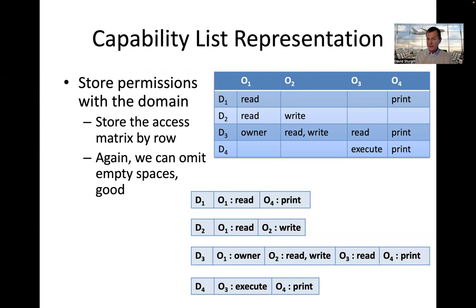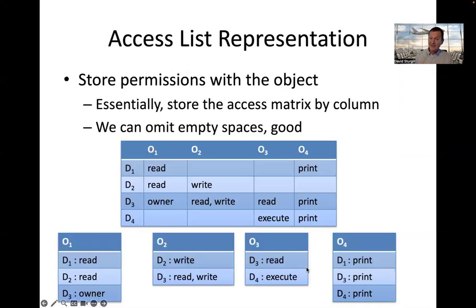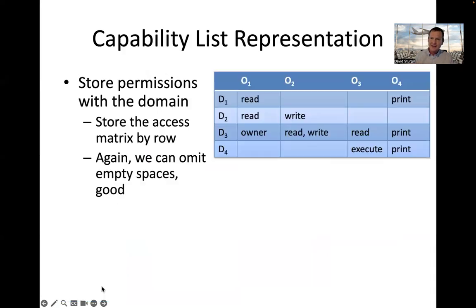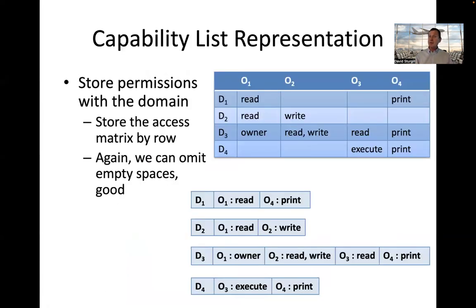It's a little bit tricky because, well, backing up for an access list, it's clear that if I'm supporting owners of an object, then owners get to decide what goes in the access list for that object, who can access that. But not so for capability lists. You don't get to decide what goes on your capability list.